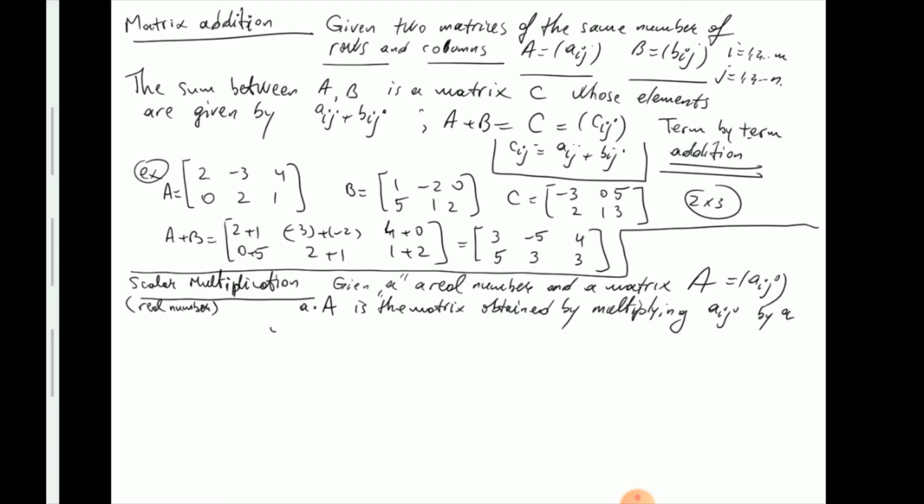Okay, so as a matrix, little a times big A is given by little a times Aij. That's the generic element. And like I said, we had already some examples before.